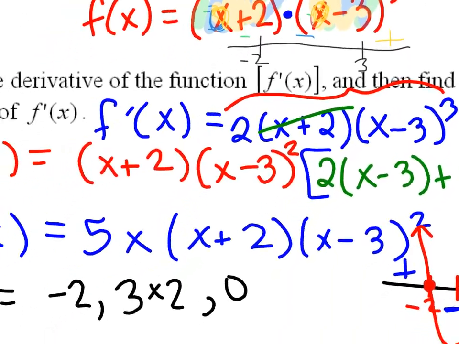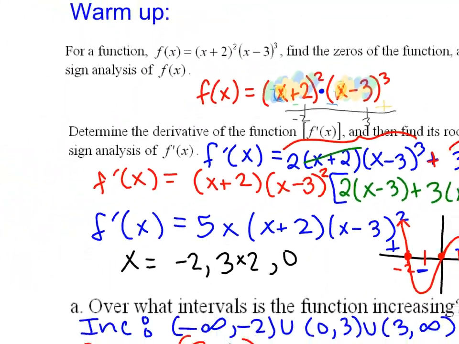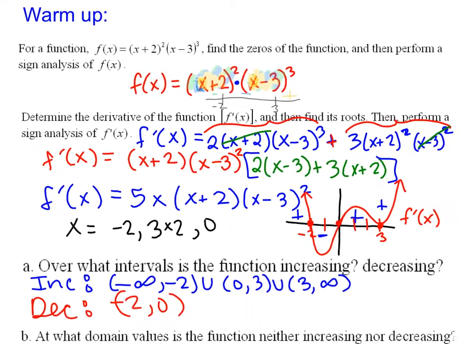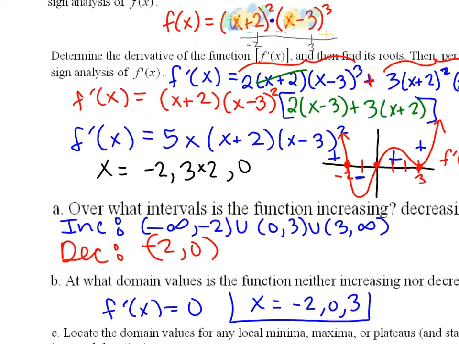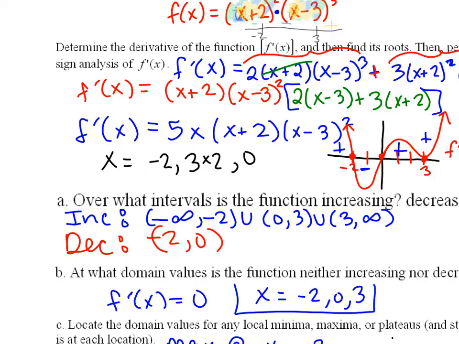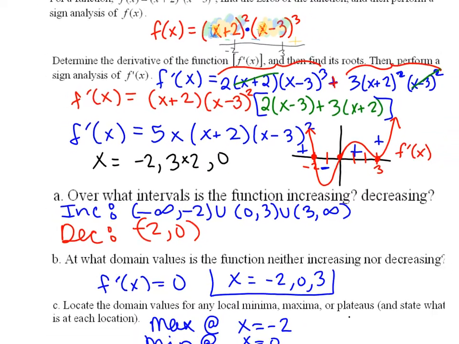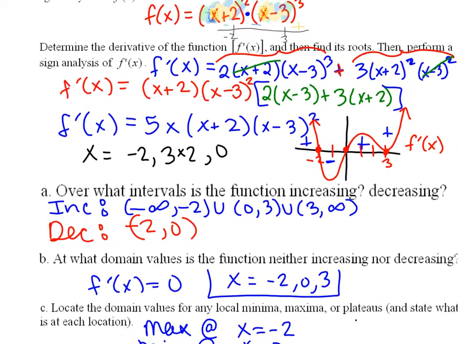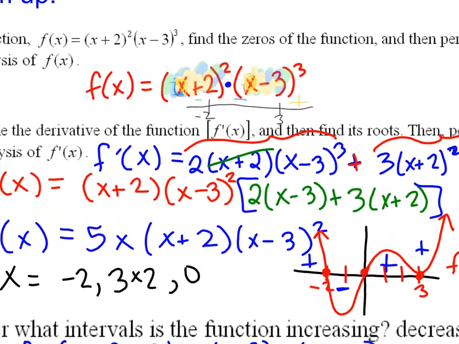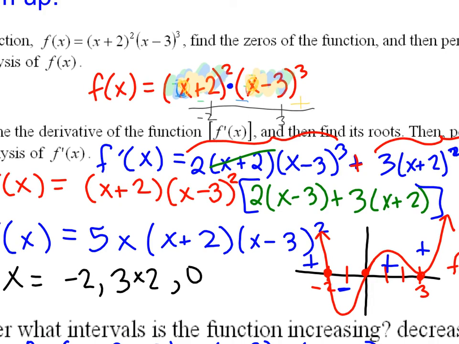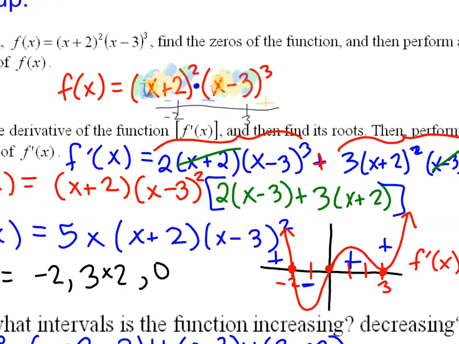What's the next thing it's asking? Find the zeros, which is -2 and 3, for a function, then perform a sign analysis. Yeah, we did that. Determine the derivative of the function, f prime, and then find its roots. Then perform a sign analysis of the derivative. So we have this. We do the product rule plus the chain rule, which we did in here.